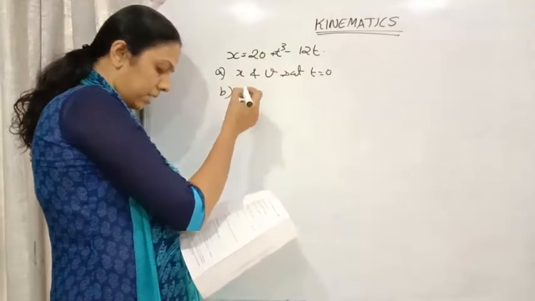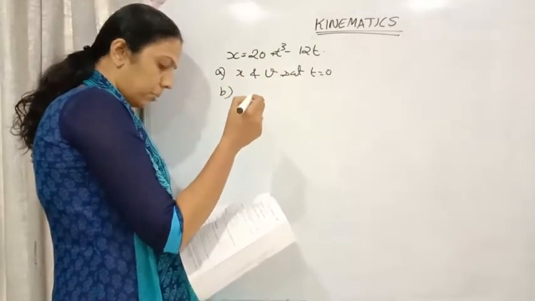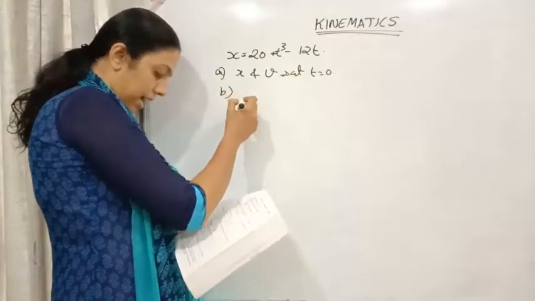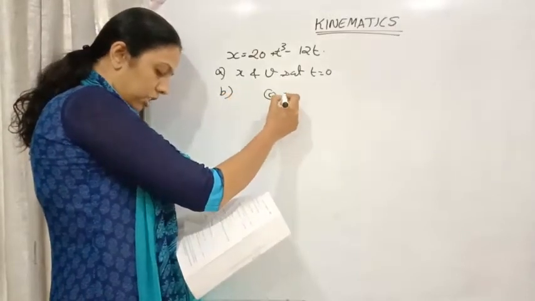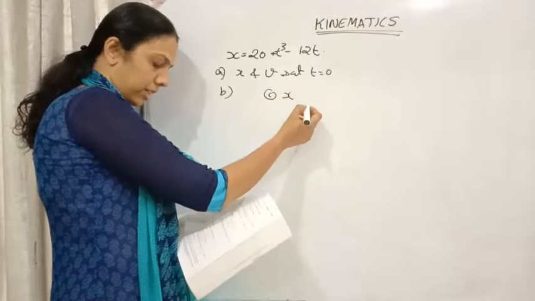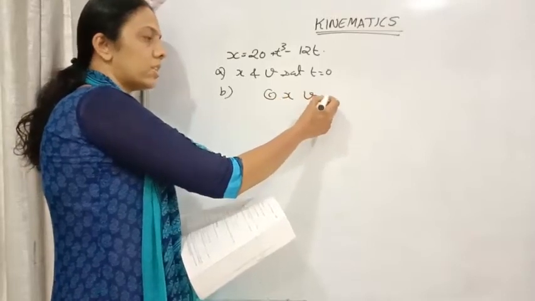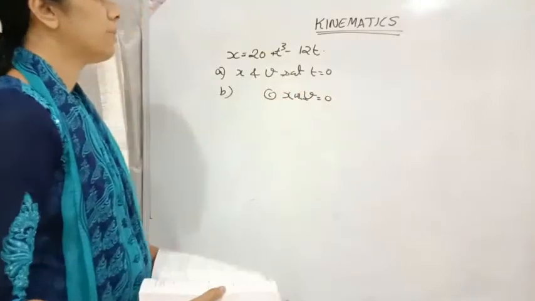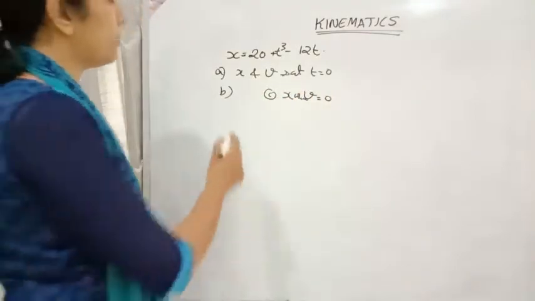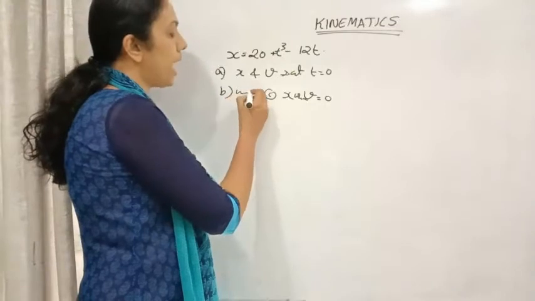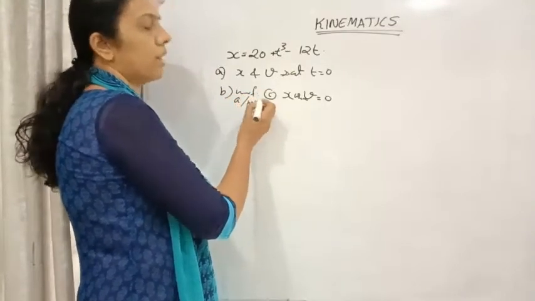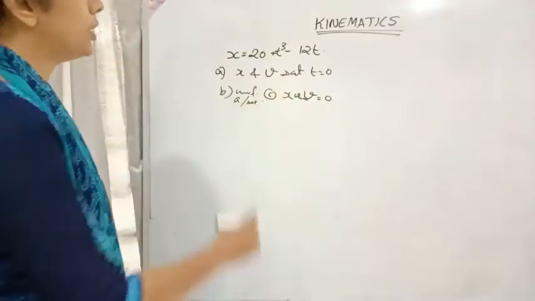Second, state whether the motion is uniformly accelerated or not, and find the position of the particle when velocity equals 0. These are the things we need to find out.